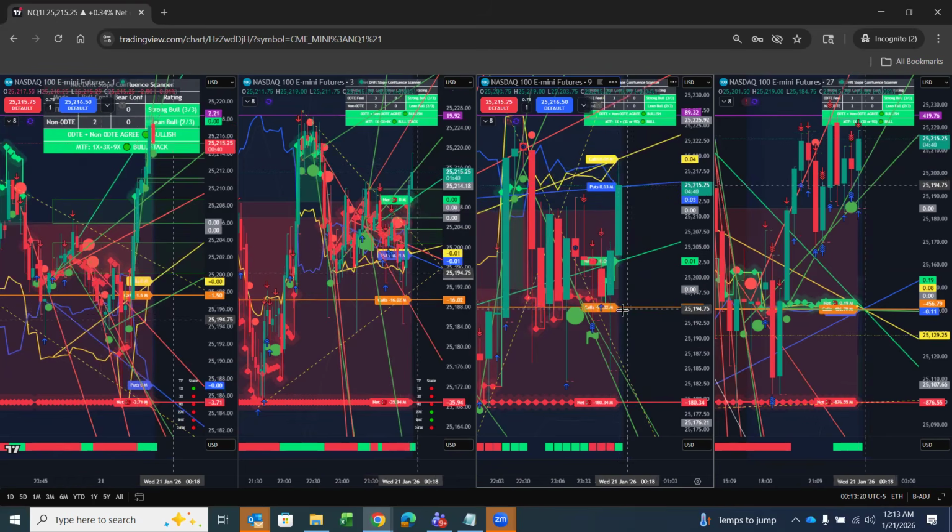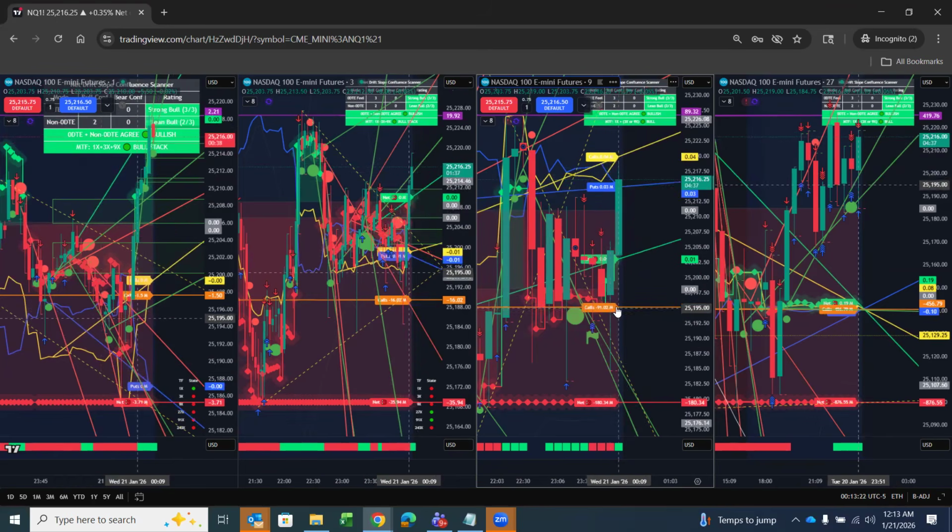But if it's angling up, you have multi-time frame confluence. That means on a macro level it is bullish and the gamma is leaning bullish. So if you see the orange line angling up, that means bulls are in control on a macro level, and these levels should hold.